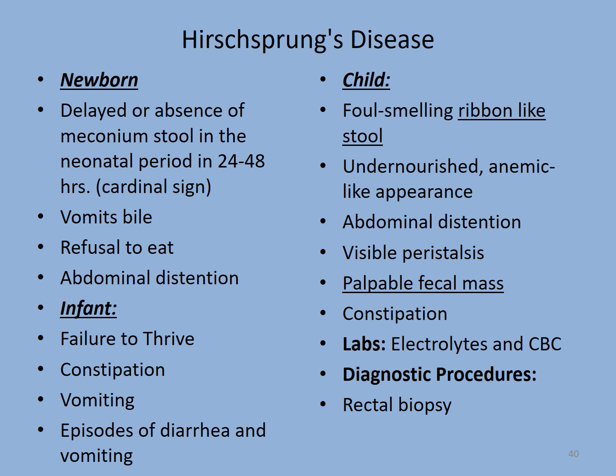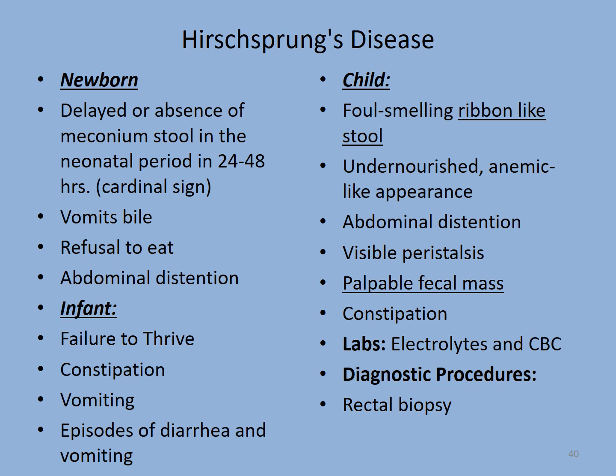So one thing that's definite is the newborn will have delayed or no meconium stools in the first 24 to 48 hours. So this is the second pediatric issue where they had absence of meconium stools. The first one, if you remember, is cystic fibrosis. Okay. The baby will vomit bile and refuse to eat, and their tummy will become distended.